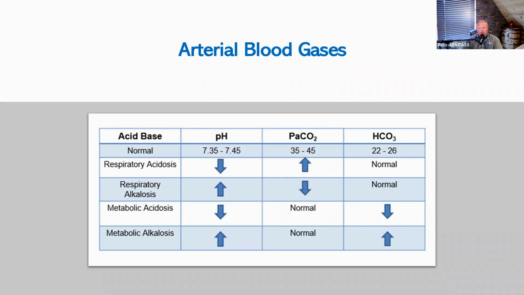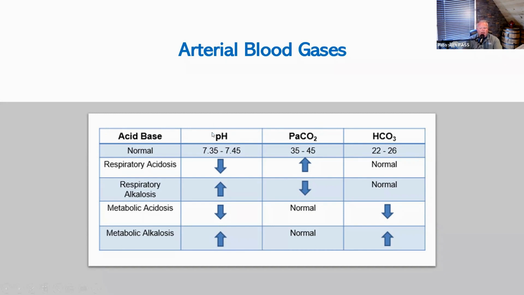But from an entry-level paramedic perspective, if you know normal, your respiratory acidosis and alkalosis, and then your metabolic acidosis and alkalosis, then you have covered all 5 of them that are going to end up being tested potentially on the national registry, and you should be able to be successful on those test questions.